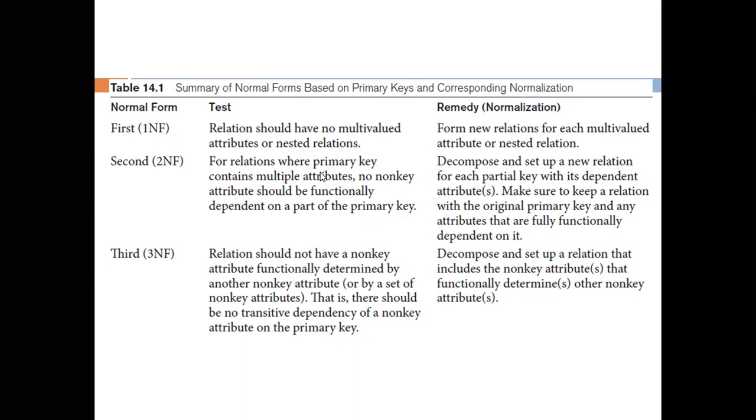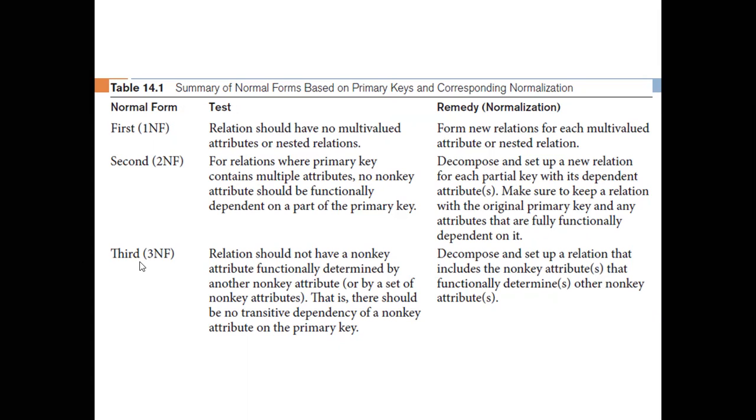If this test fails, we must decompose the table and create a new table where that partial dependency exists, moving those attributes there. For the remaining attributes, we make sure they are fully functionally dependent on the primary key.